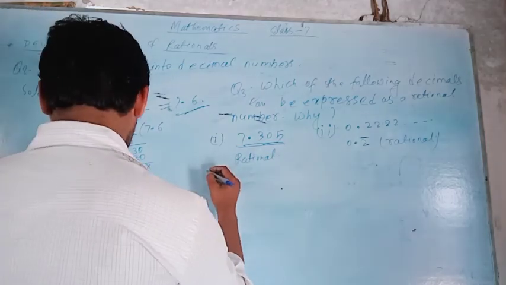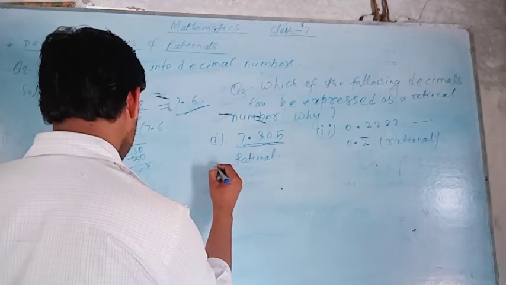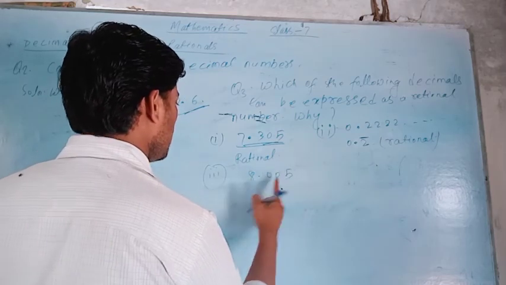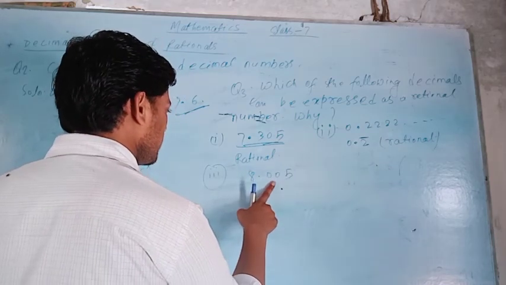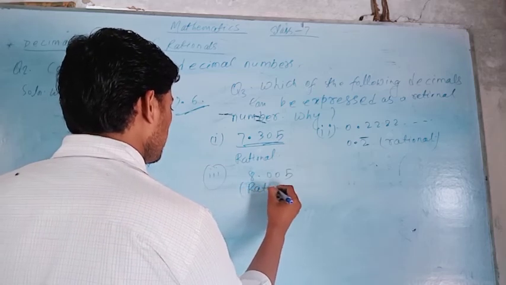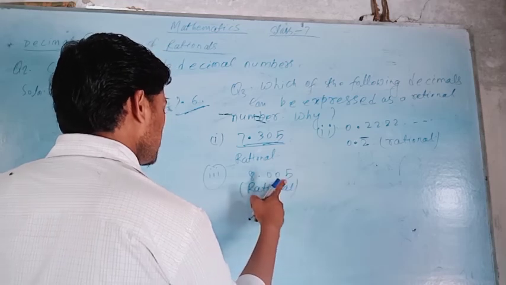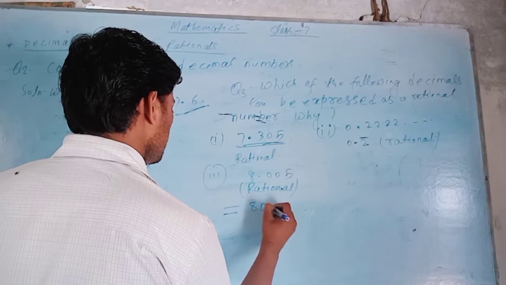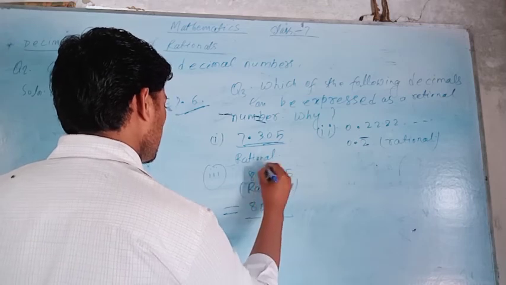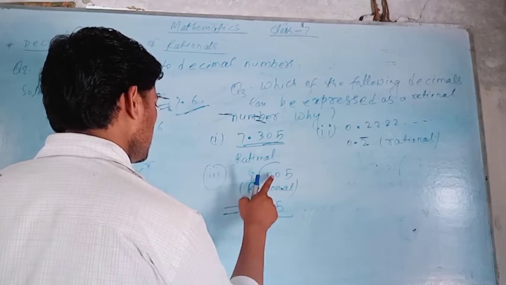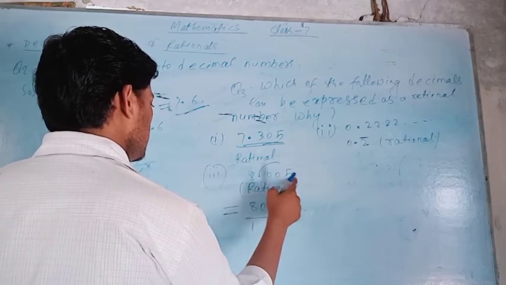One more example you can see, 8.005. In this also decimal expansion is terminating, so it is a rational number. And it can be expressed as a rational number like this: 8005 upon 1000. For the decimal point we write 1 always, thereafter 1 to 3 digits, then 3 zeros.